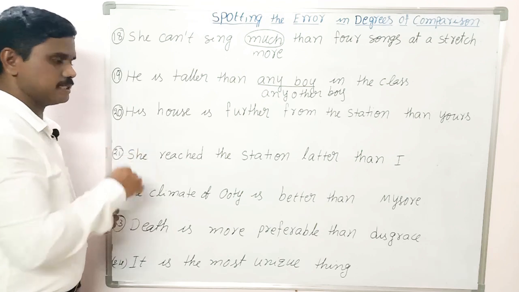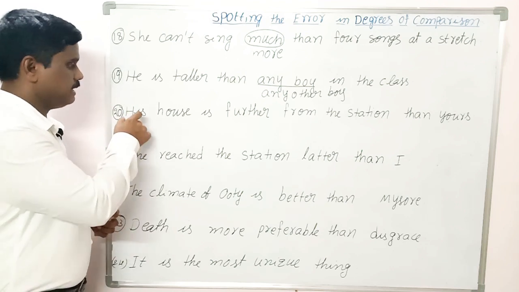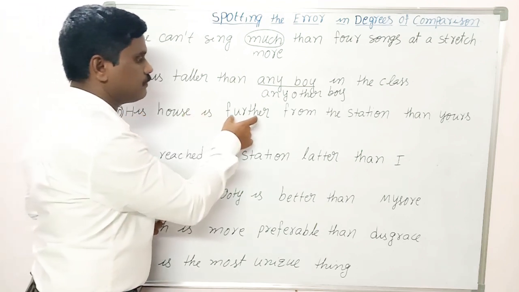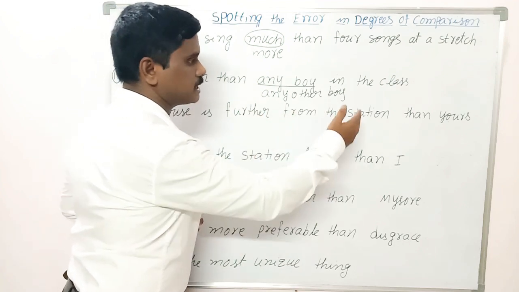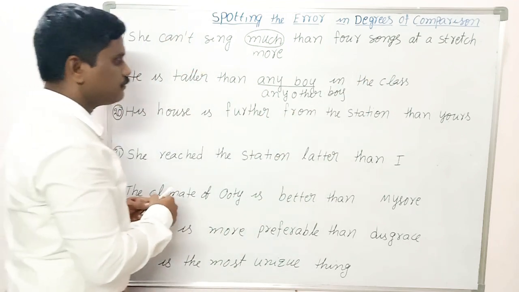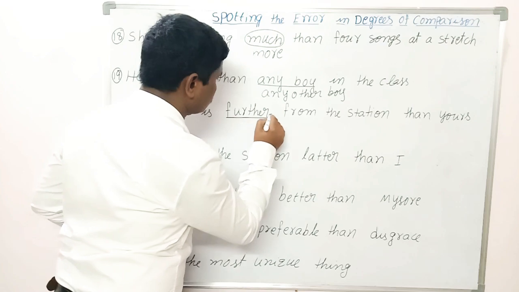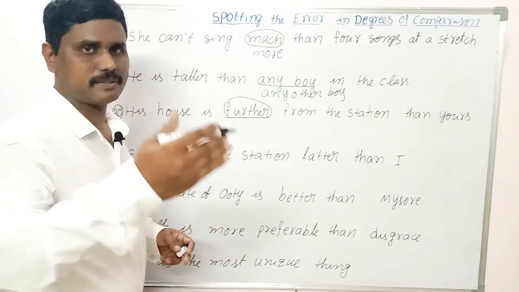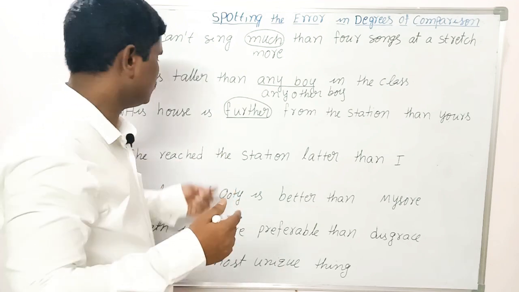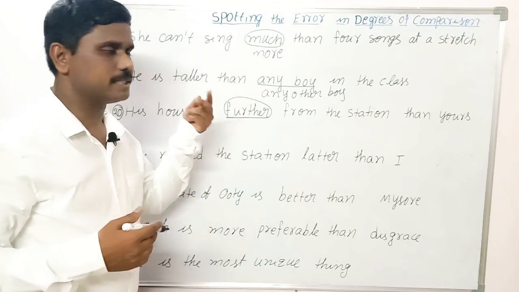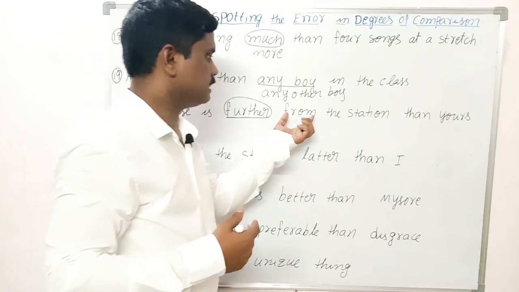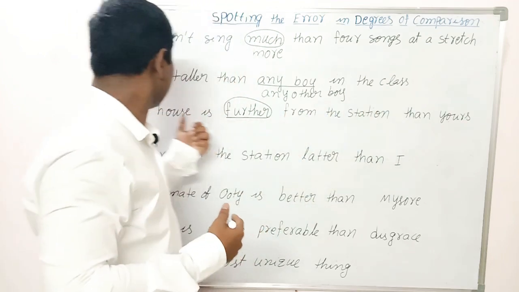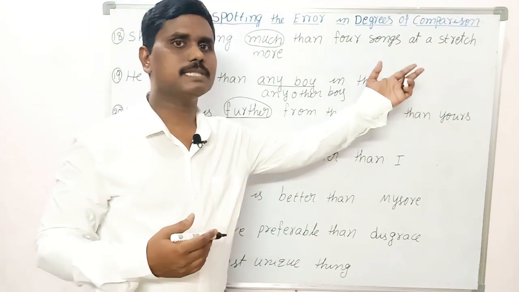Now let us see another sentence, most important. His house is further from the station than yours. Further is wrong. Further information means extra information, additional information, but here we are talking about distance, from the station, his house and yours, meaning your house.